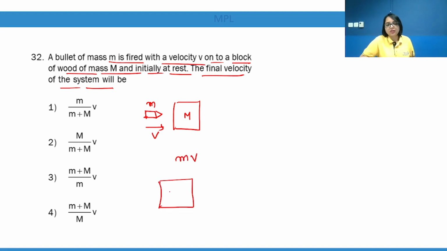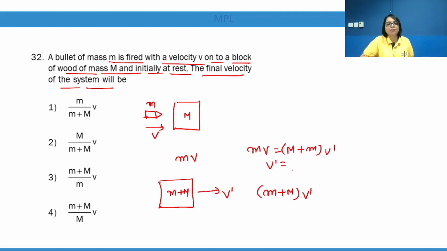After collision, the total mass of the system will be small m plus capital M. Let's say it is moving with v dash. So final momentum will be small m plus capital M into v dash. So initial momentum is equal to final momentum. So mv is equal to (m plus M) into v dash. So v dash will be mv divided by m plus M, and that is equal to option 1, right?